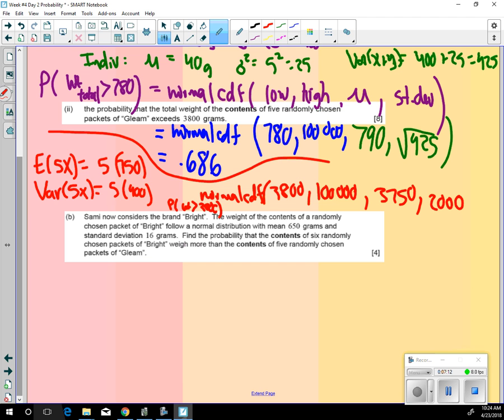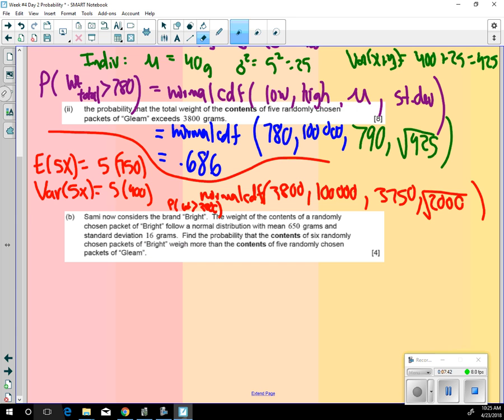That's the variance. So what do we have to do to that number, putting into our calculator? Too many zeros, right? 5 times 400.